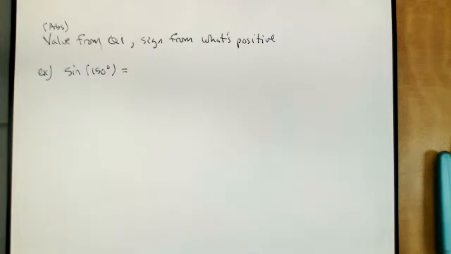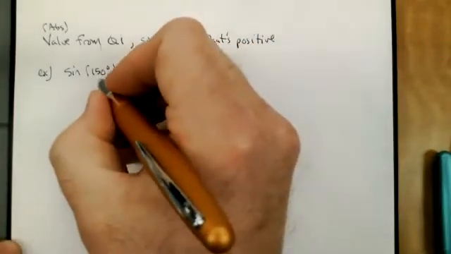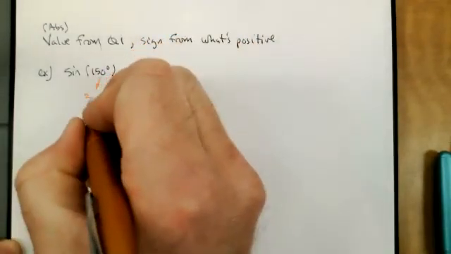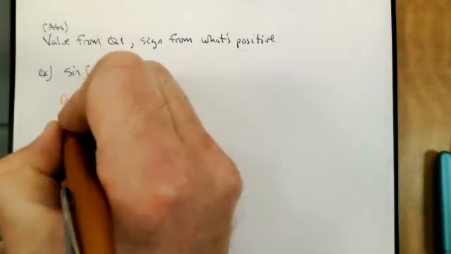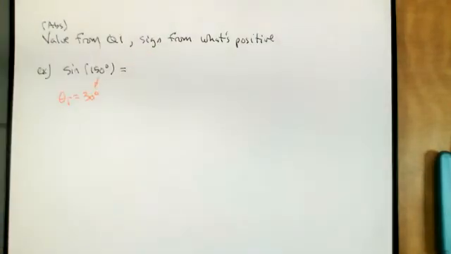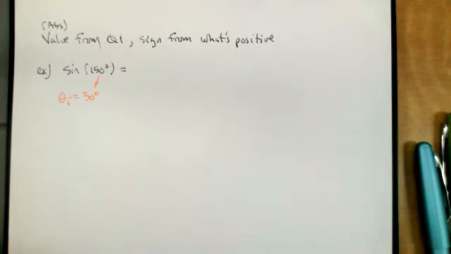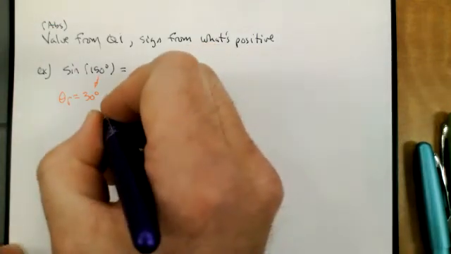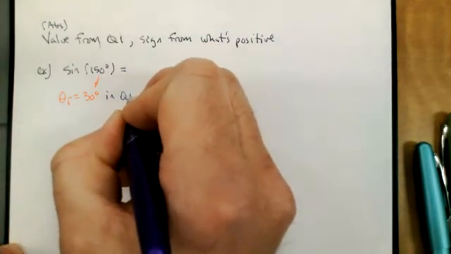But so we see the 150 and we say that's a 30-degree reference angle. I'm going to abbreviate as theta r. And we know that 150 is in quadrant 2. So 30-degree reference angle in quadrant 2.